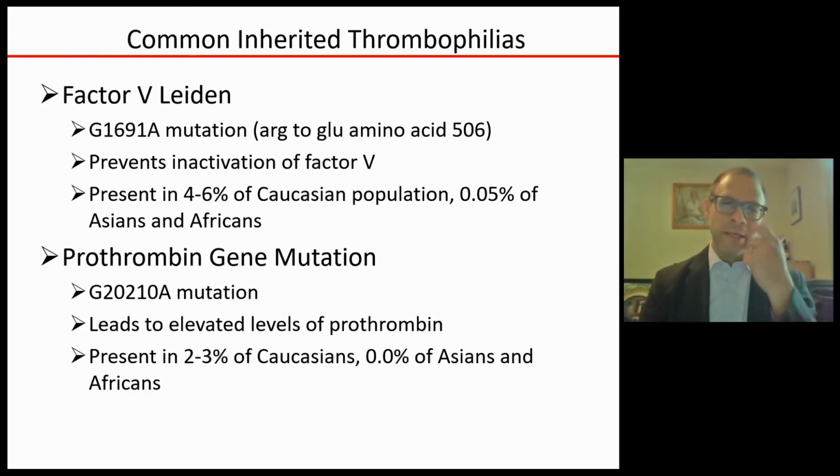Factor V Leiden is seen in 4 to 6% of the Caucasian population, particularly from Northern Europe, but it can be seen in people of all diverse ancestries. Prothrombin gene mutation is less common, but still 2 to 3% of Caucasians.